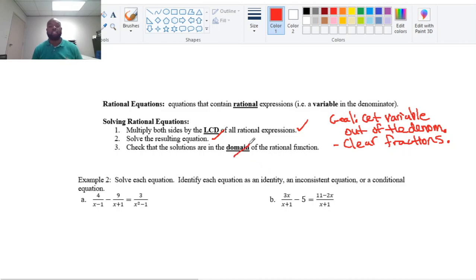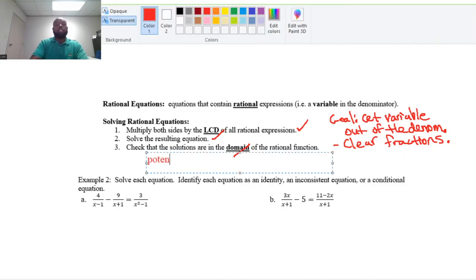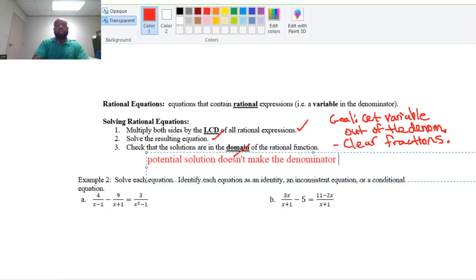And then we're going to check that the solutions are in the domain of the rational function. Now, we hadn't talked about domain yet. What we're going to do is check that the potential solution doesn't make the denominator equal 0.